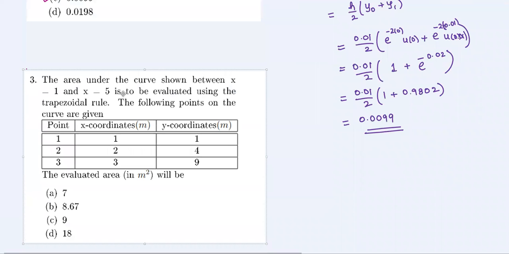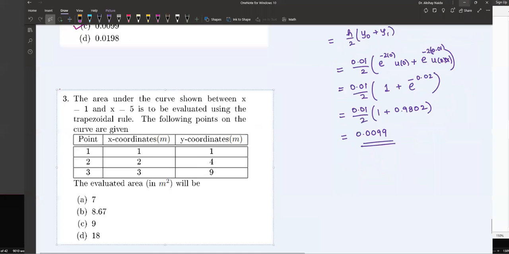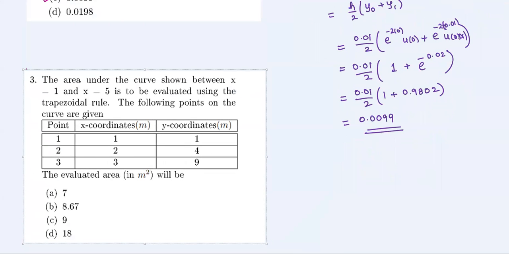Now, the area under the curve shown between x equal to 1 and x equal to 5 is to be calculated using trapezoidal rule.